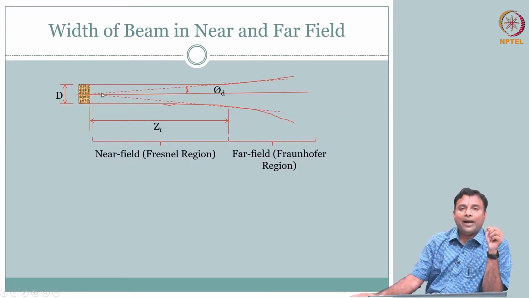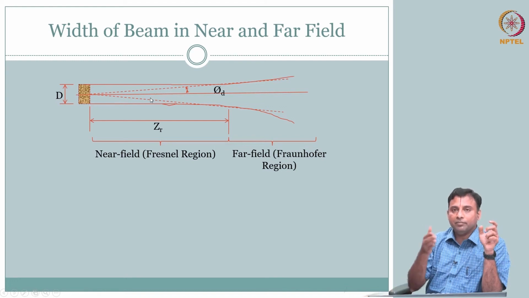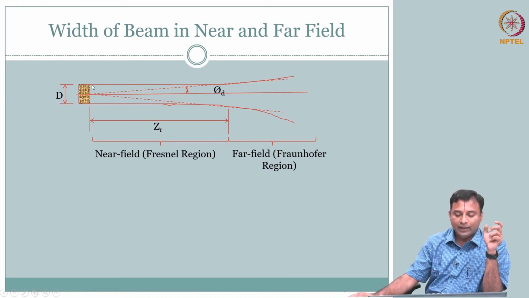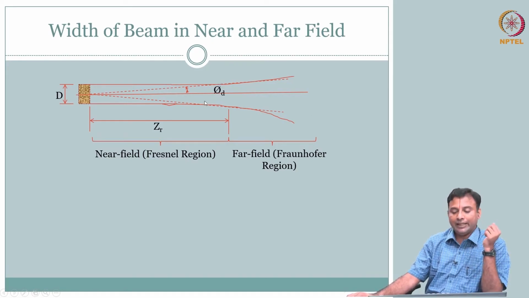So we will get back to the first slide where we had a geometry, where d is the diameter of your crystal. With shape and size, you have a beam that retains its width, the same as d, until a certain point. After that it diverges, and we can calculate phi d. Based on this we define a near field region and a far field region.